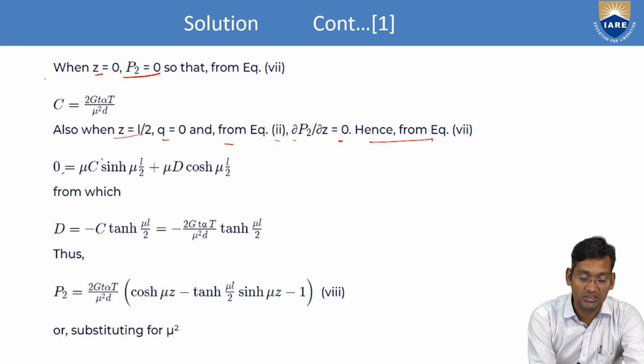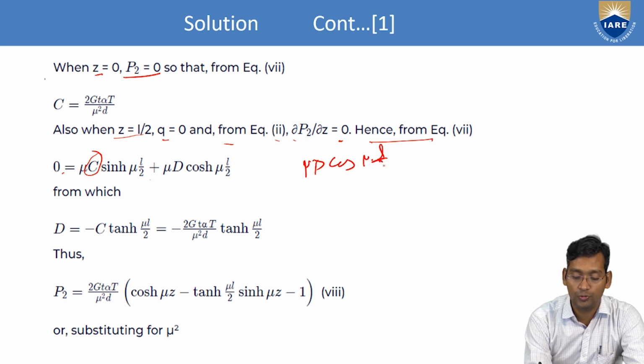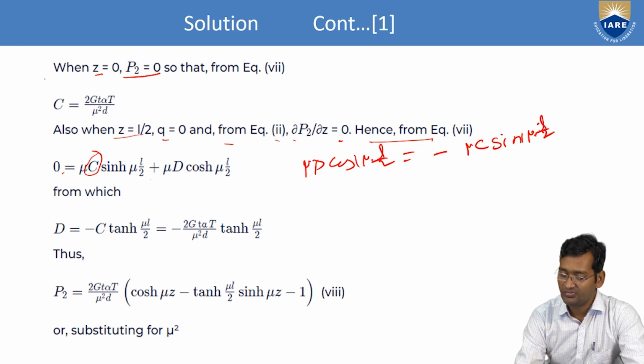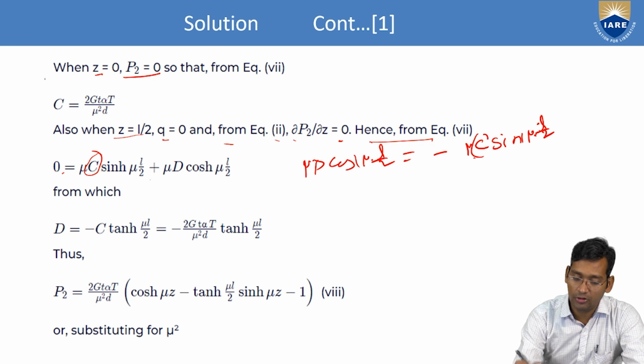So from here, just put the value of c. Then d will be what? Here, mu d cosh mu L by 2 equals minus mu c sinh mu L by 2. Now just put the value of c.